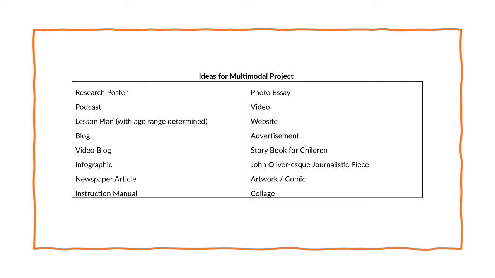Oh, last semester I got the best multimodal project, and it was a digital children's book, and it was genius. It was so, so good. I loved it. Journalism, a comic, an animated short, a collage. All right, all kinds of different things that you can do.